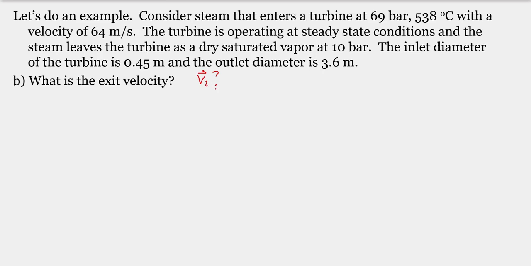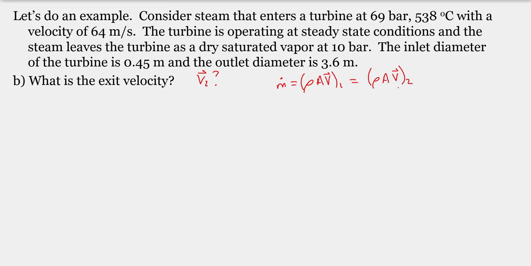Okay, so we go through the same process we did before. Well, we know that the mass flow rate is given by this expression at the inlet and the outlet.